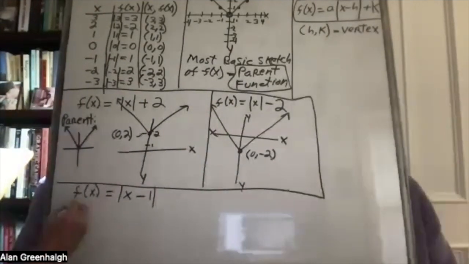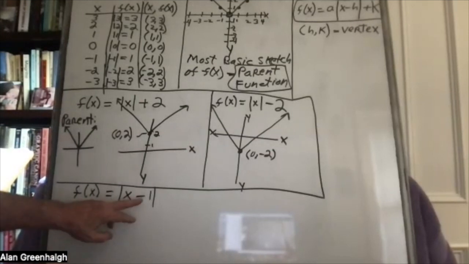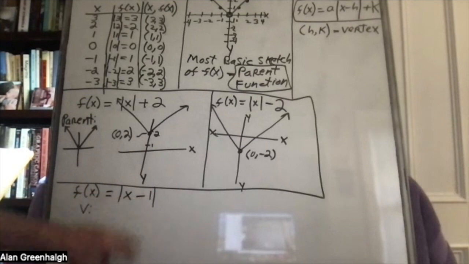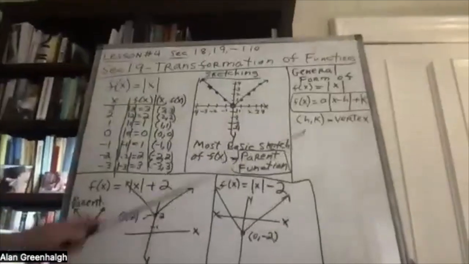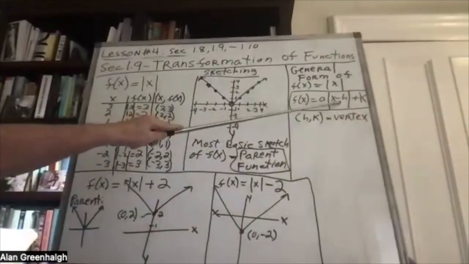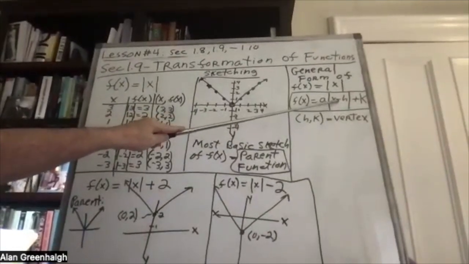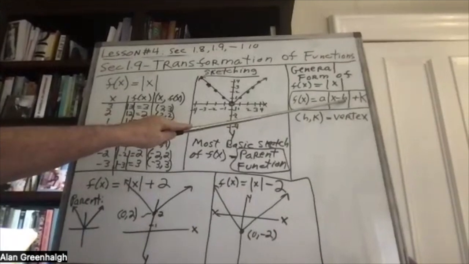Okay, well, the vertex is now going to be at 1, so it's always going to be the opposite of what this sign is. This sign will always be a negative because in the formula that I gave you earlier, that's a negative in there, right? So whatever h is will be positive.